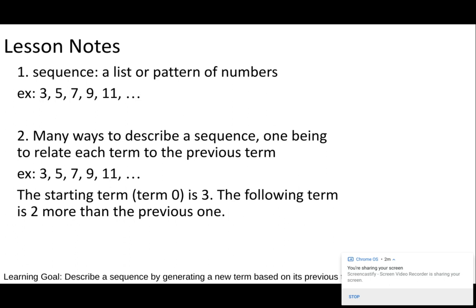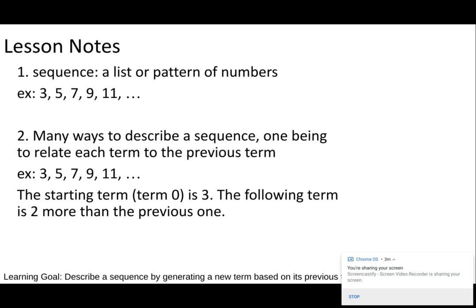And then the following term is 2 more than the previous one, so we add 2 to whatever the previous one is to get each of the successive terms. That's how we relate one term of a sequence to the next. We talk about where we start, what our starting term is, and then how we get each of the other terms. In this case, we started at 3, and we add 2 to the previous term to get all the other ones. Okay, that's the lesson notes today.